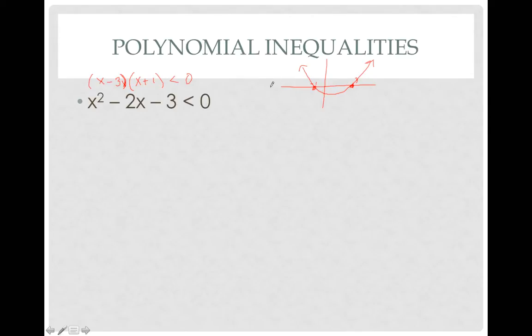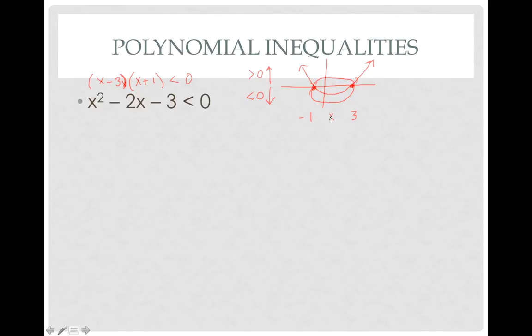Less than 0 means below the x-axis, and greater than 0 would be above the x-axis. Since I want to look for where it is less than 0, I'm looking for where it is below the x-axis, and that's right there. It's below the x-axis between negative 1 and 3.